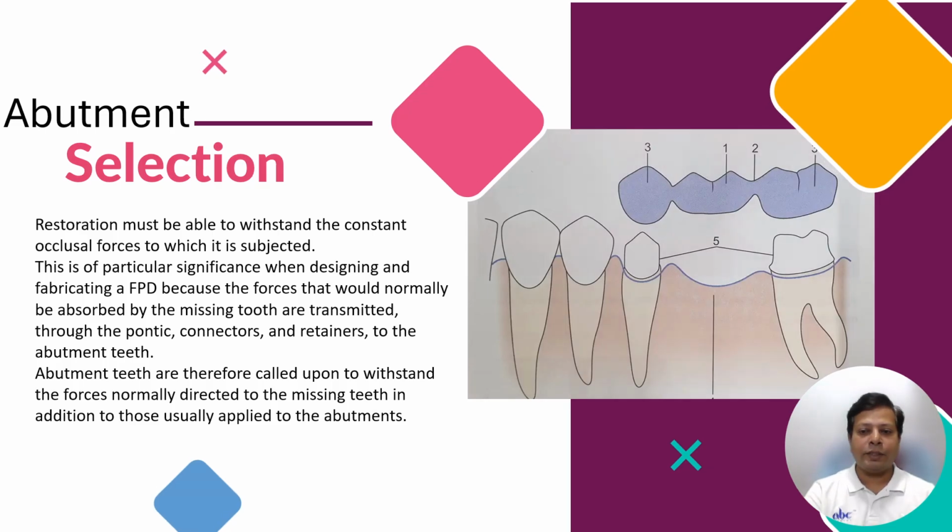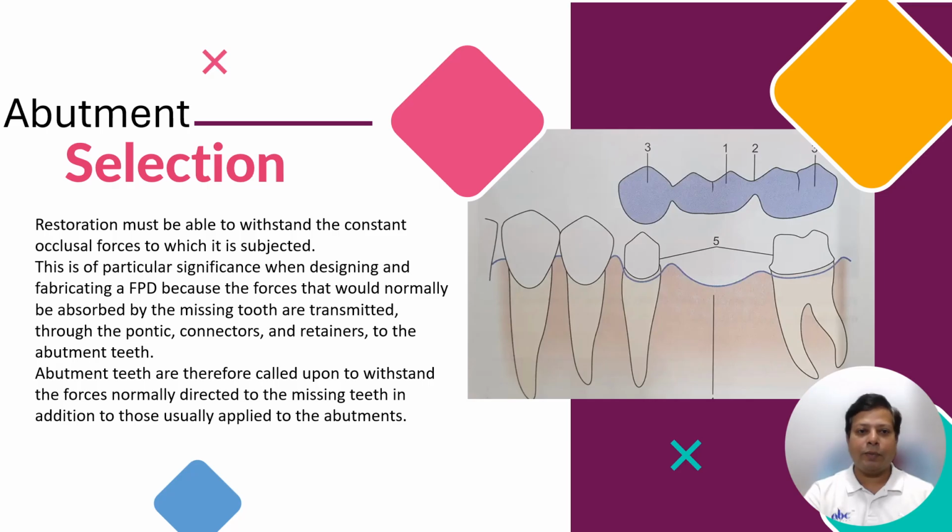So coming to the basic treatment planning of tooth supported fixed partial dentures, you need to be careful in selection of the abutment teeth for your fixed partial dentures. Of course, abutment selection is a different full question, but you need to mention it in brief during your diagnosis and treatment planning of fixed partial dentures.